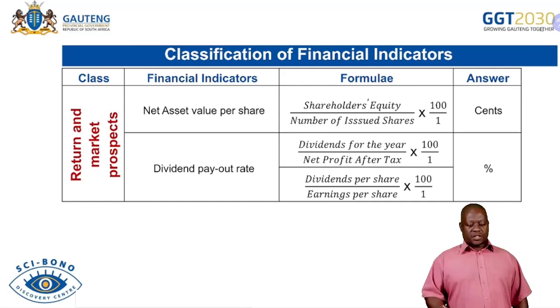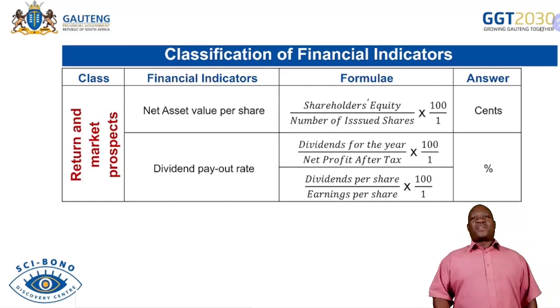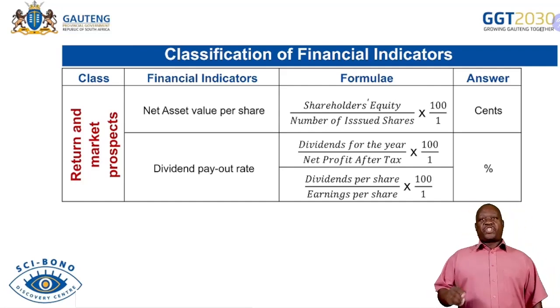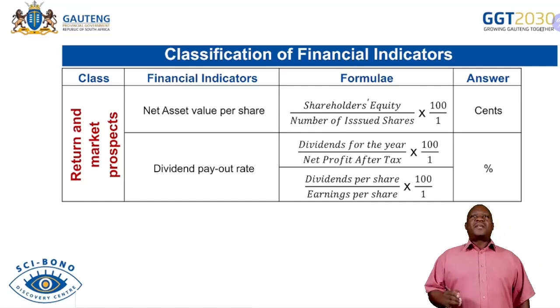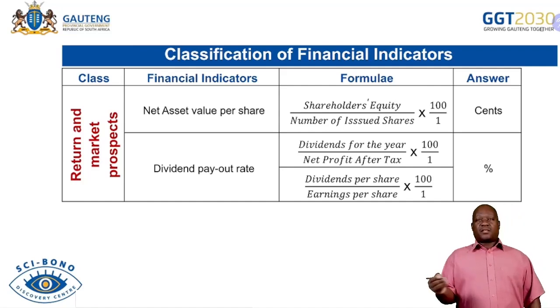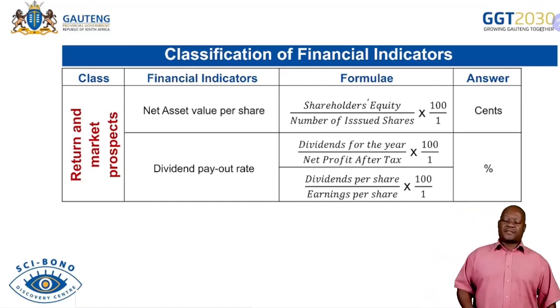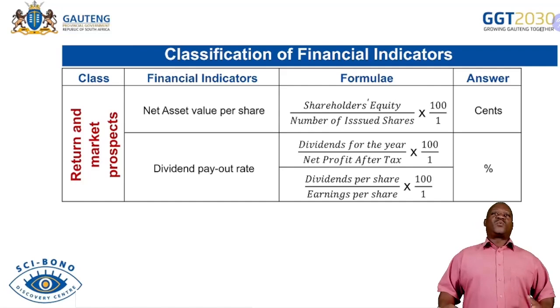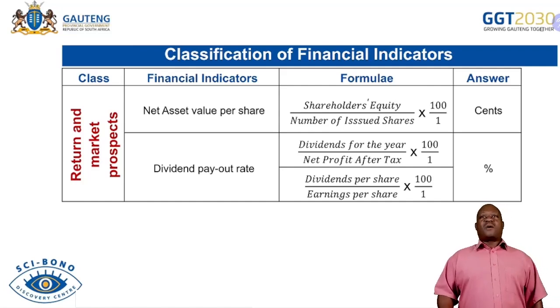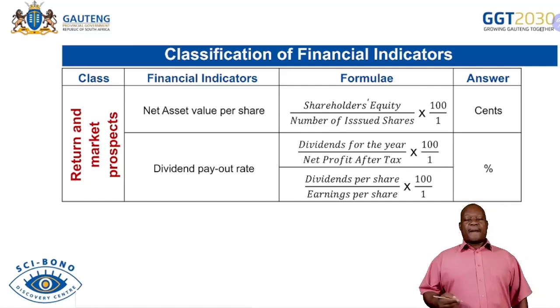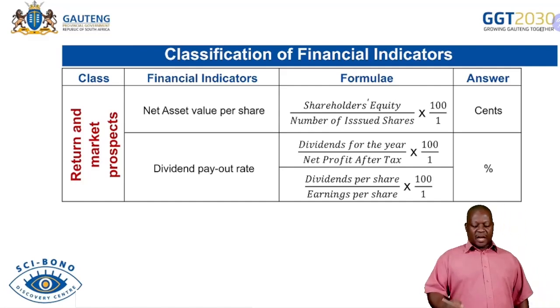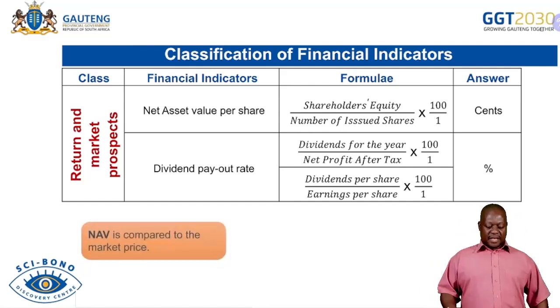Please check the second formula that I've given you there. But we can also get the same by using the total dividends for the year, divided by the net profit after tax. Remember, in both cases, we multiply by 100 because we want our answer to be given as a percentage.